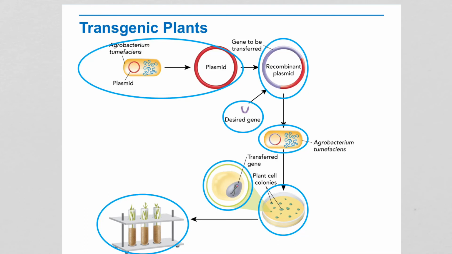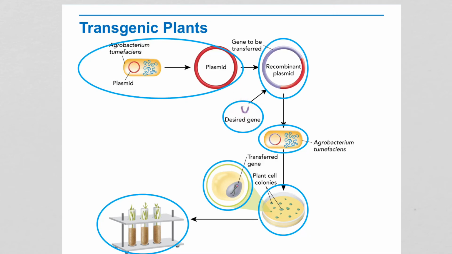We also can use biotechnology to help change plants too. So here we have an example of what we call a transgenic plant. Again, we start off with a plasmid, okay? We make a recombinant in there, and we add in a desired gene. So let's say we want to make a plant that makes extra vitamins.